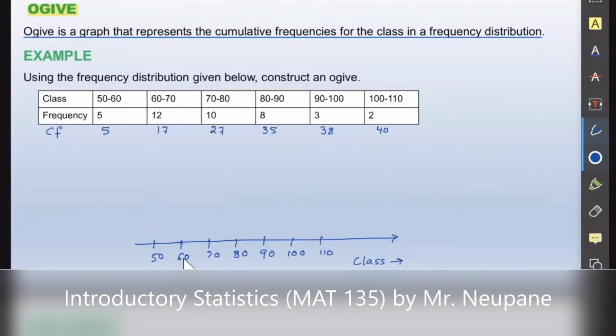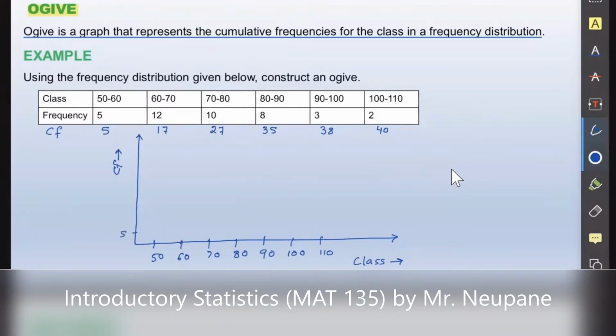along the x-axis. And then along the y-axis, you draw those cumulative frequencies. You can see that your cumulative frequency goes from 5 all the way up to 40. So you can choose your own scale. I'm going to count by 5.